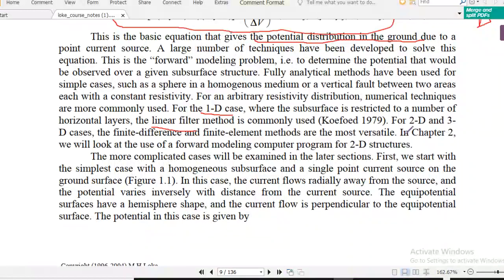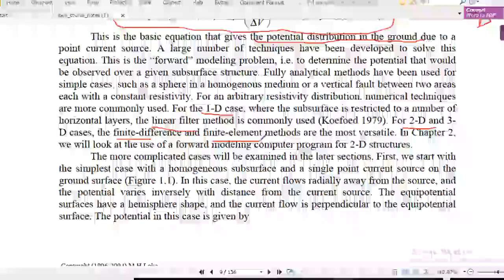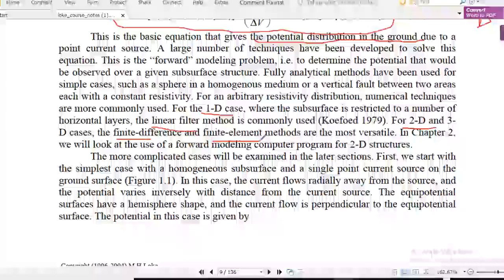But for 2D and 3D cases, finite difference or finite element methods are the most versatile. We will look at the use of a forward modeling computer program for 2D structure.